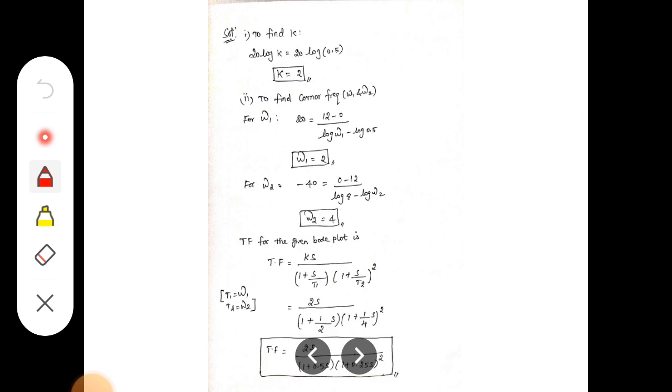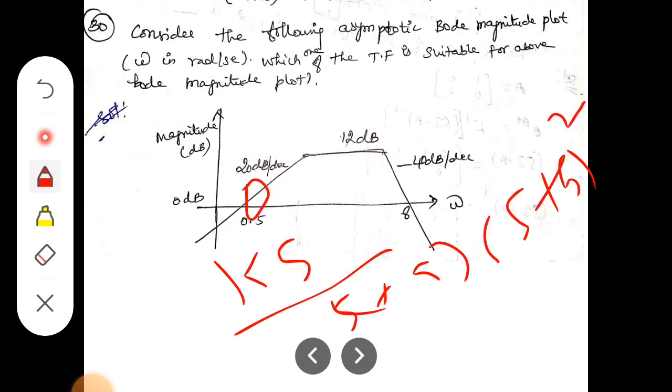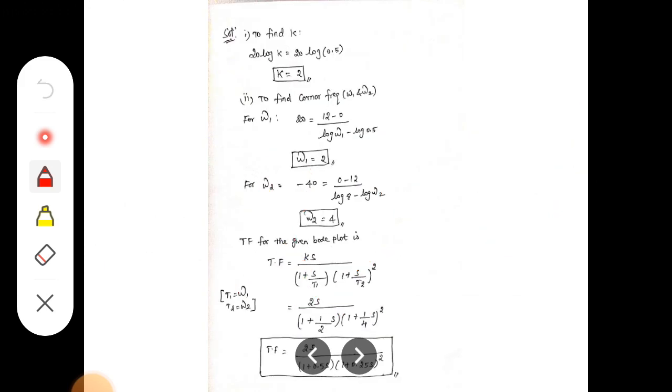So where the function 2s is presented, then we go to the corner frequencies omega 1 and omega 2. These twos are not corner frequencies, 0.5 and 8 are not corner frequencies. We want to find out the corner frequencies omega 1 and omega 2 here.